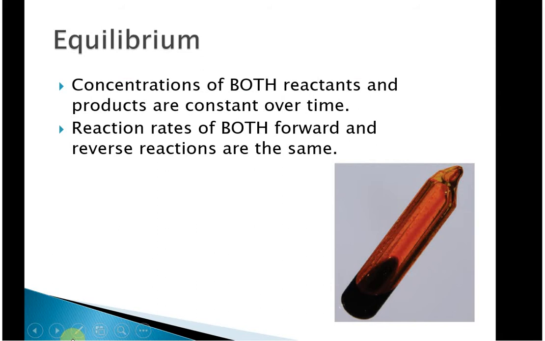So at equilibrium, the concentrations of both reactants and products are constant. It does not mean that they're equal. It doesn't mean that they're high or low. It just means that they do not change over time. What that really implies is that the reaction rates of both forward and reverse reactions must be the same.